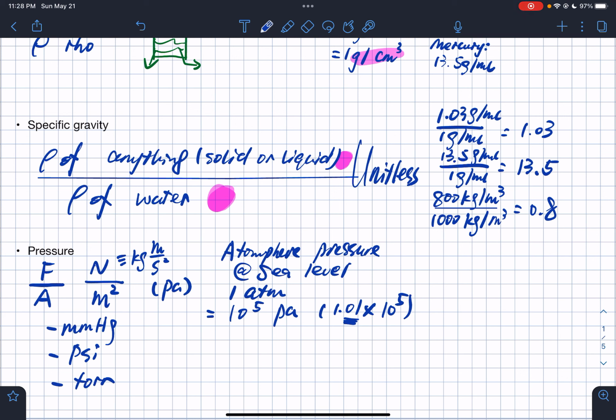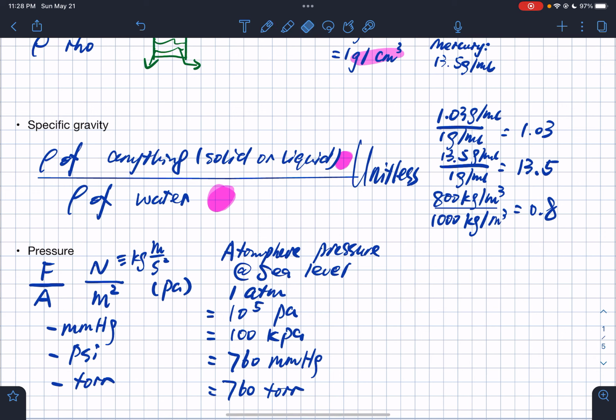Ignore the 0.01 part. Okay, and that equals 100 kPa, and also 760 millimeters of mercury, and that equals 760 torr. Okay, awesome. So these are the values you want to memorize, okay?